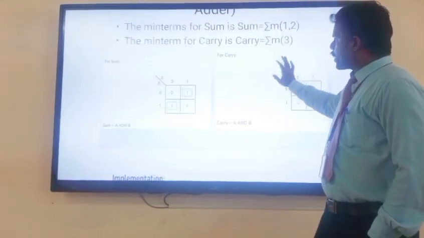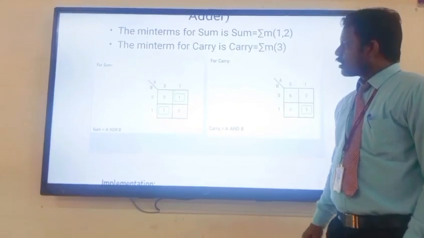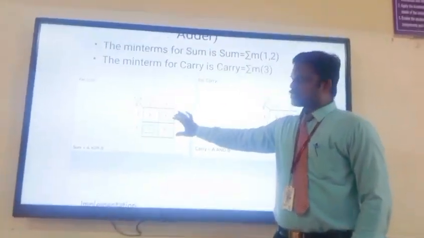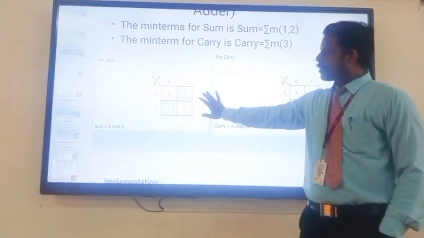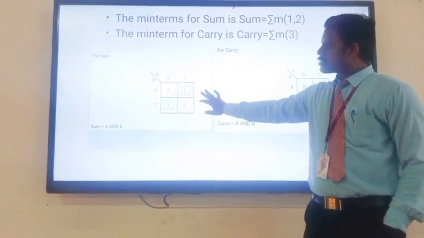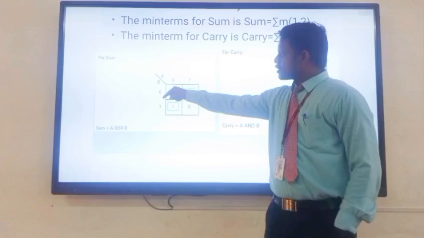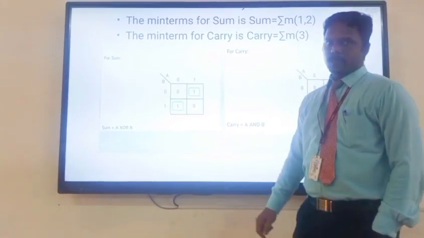Next, by using this method, we have to create the expression. We can generate it with the help of this table, which is called a K-map. It is a K-map representation of two variables, A and B. You have to consider these two inputs and map the values as 0, 1.